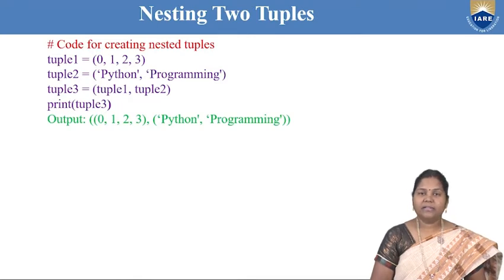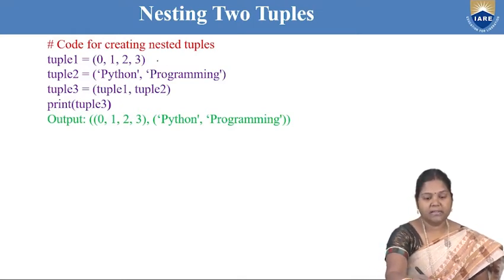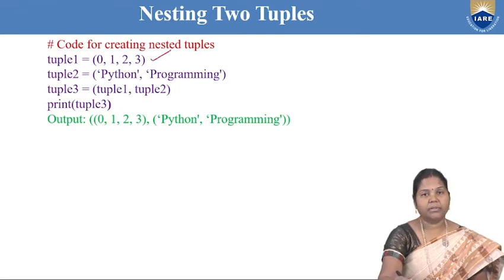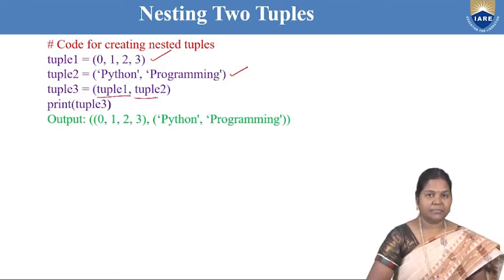Now, the third concept is how to do nesting of two tuples. You can see in this example, tuple 1 is a set of numbers, tuple 2 is a set of strings, and tuple 3 is equal to tuple 1 comma tuple 2.